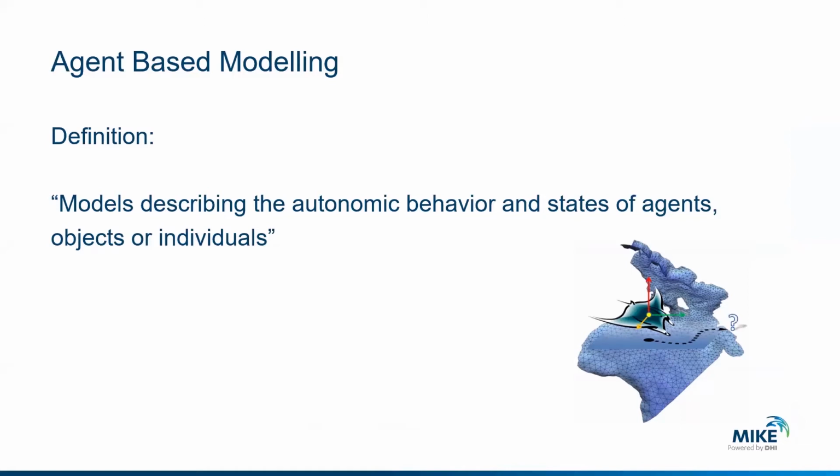It means that instead of a top-down population model that describes the overall behavior of a population in terms of growth rates and the like, an agent-based model describes the behavior and the state of an individual, or an agent, or an object it can be. And then the sum of these behaviors will make out the population effect, consequence, or change.